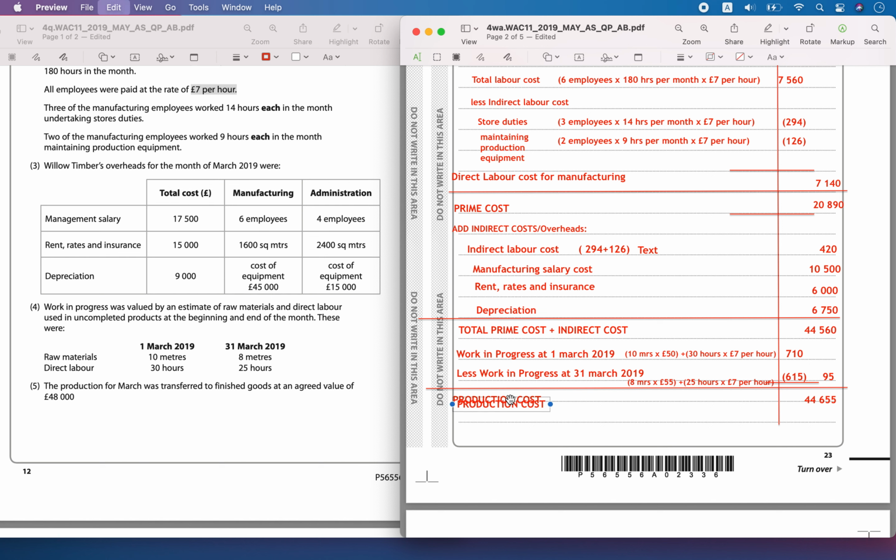To this I will add the profit. So let's see if they have given profit information. Add profit on production.